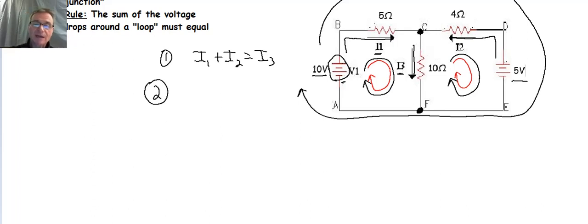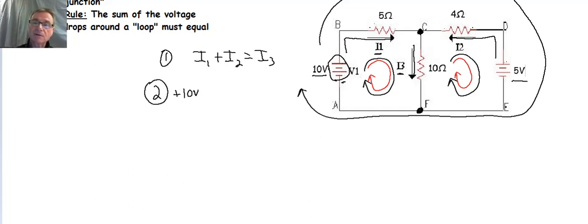If I was analyzing in the opposite direction, the counterclockwise direction, and I was going from the positive part of the battery to the negative part, that would be a voltage drop. But I'm going in a clockwise direction, so I'm going from negative to positive. So it's a voltage rise, so this is going to be plus 10 volts. That's the first element in my loop.